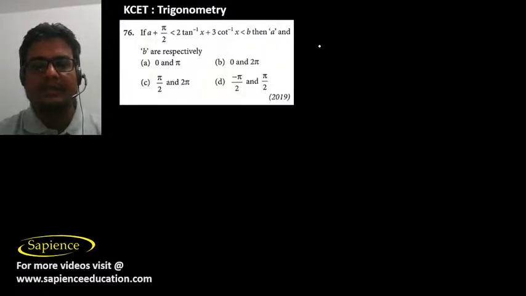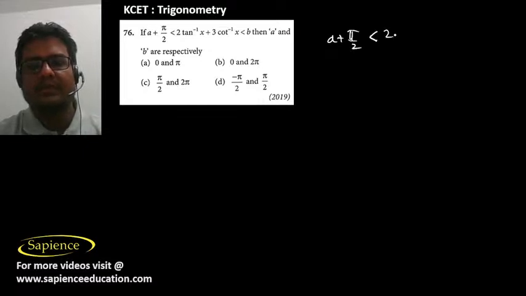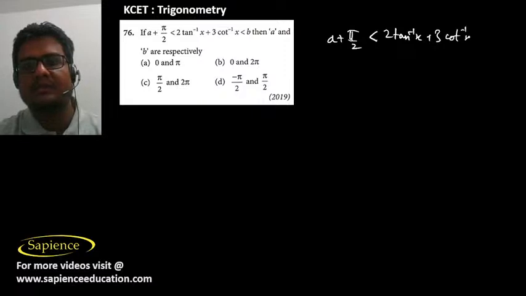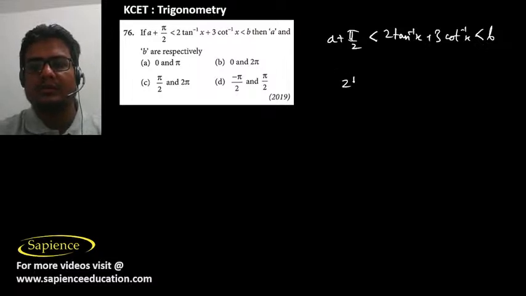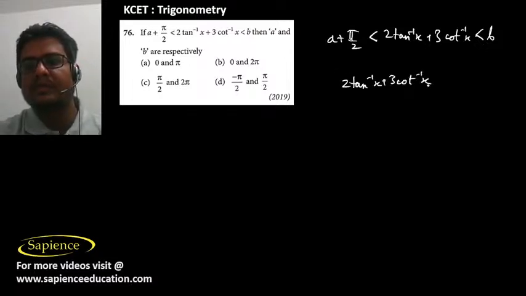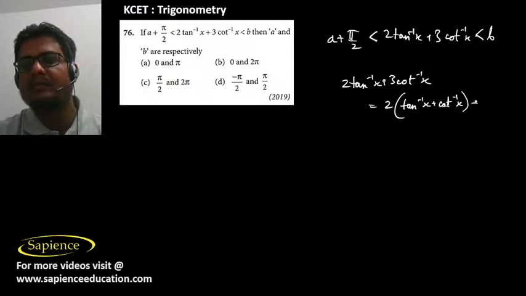And then here it is told that if A plus pi by 2 is less than 2 tan inverse x plus 3 cot inverse x, which is less than B, then A and B are respectively what? Now 2 tan inverse x plus 3 cot inverse x can be written as 2 into tan inverse x plus cot inverse x, plus cot inverse x.